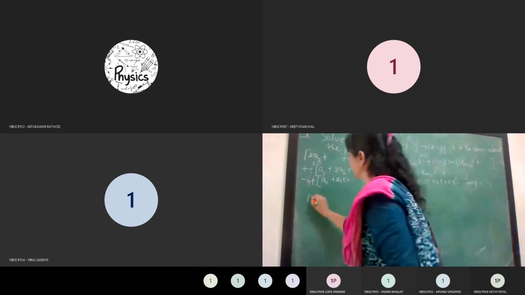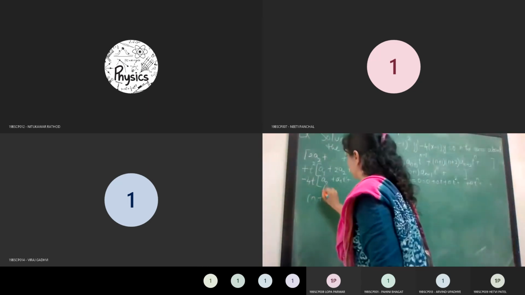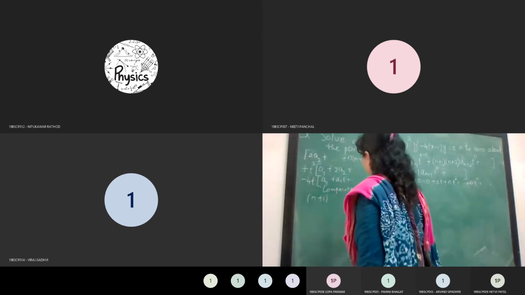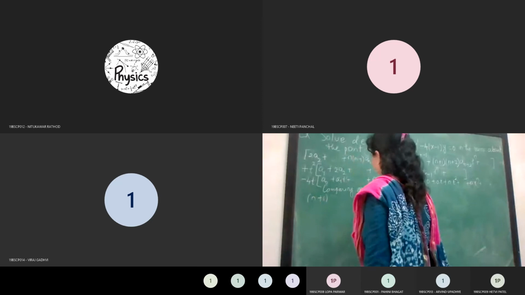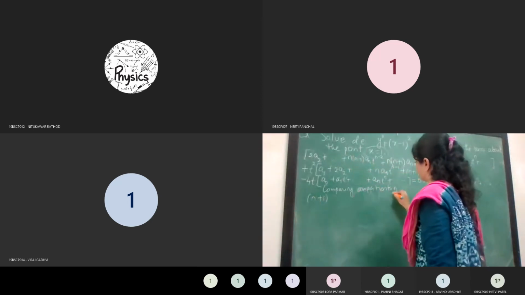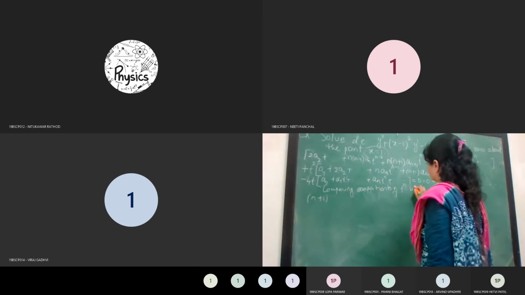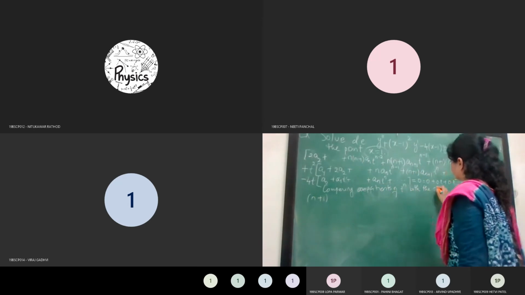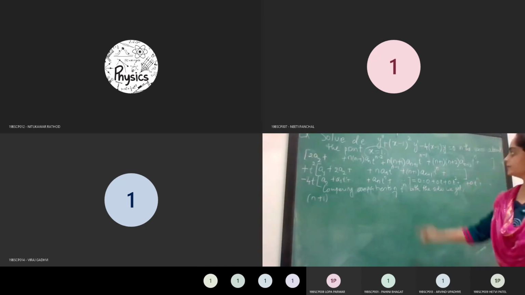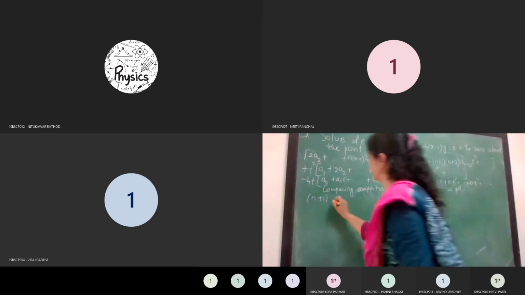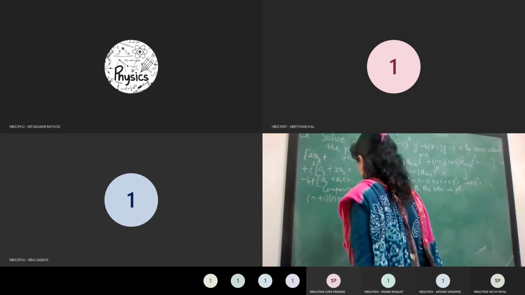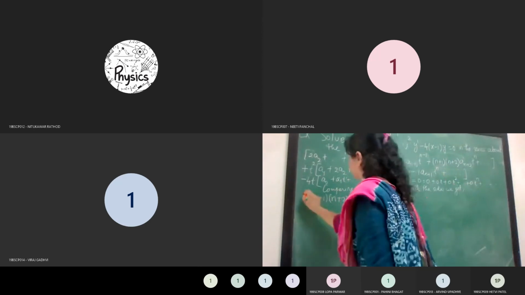So you can write here, comparing coefficients of t raised to n, both the sides, we get. So this is the coefficient, that is t raised to n, (n plus 1)(n plus 2) a_{n+2}.